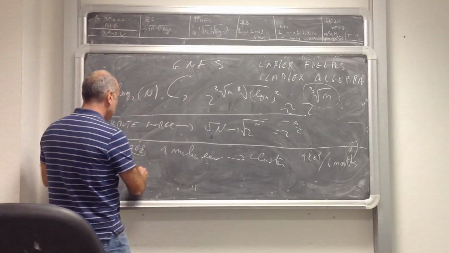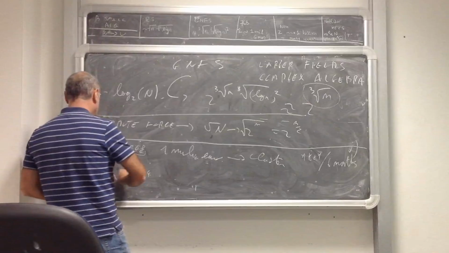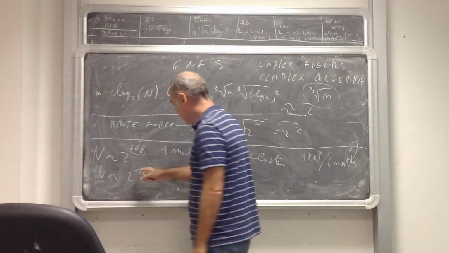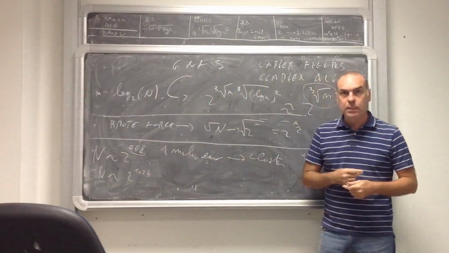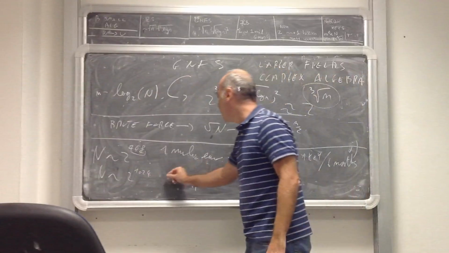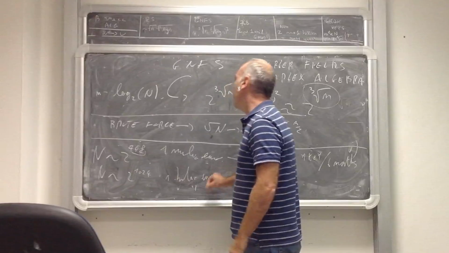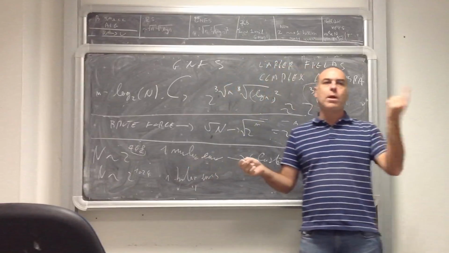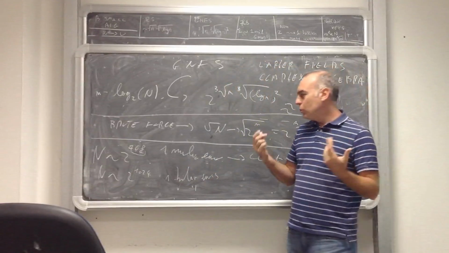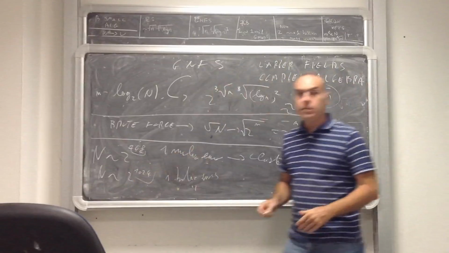If we pass to keys 1000 bits long, then the cost is 1 billion euros, and you need many years to break 1 key. So keys with this length are still secure.